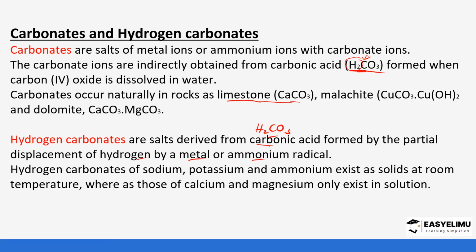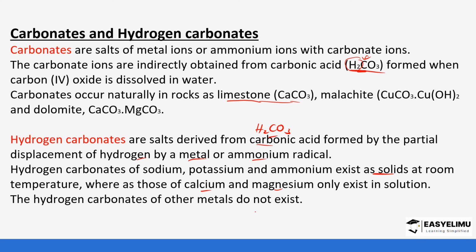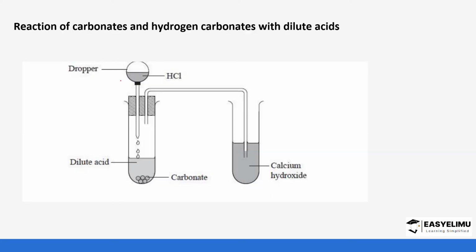For example, we have sodium hydrogen carbonate, potassium hydrogen carbonate, and ammonium hydrogen carbonate, which exist as solids. And then also we have calcium hydrogen carbonate and magnesium hydrogen carbonate. So these are the only hydrogen carbonates that exist. Hydrogen carbonates of other metals do not exist. So in our discussion, we are going to be focusing on sodium, potassium, ammonium hydrogen carbonate, calcium hydrogen carbonate, and magnesium hydrogen carbonate.